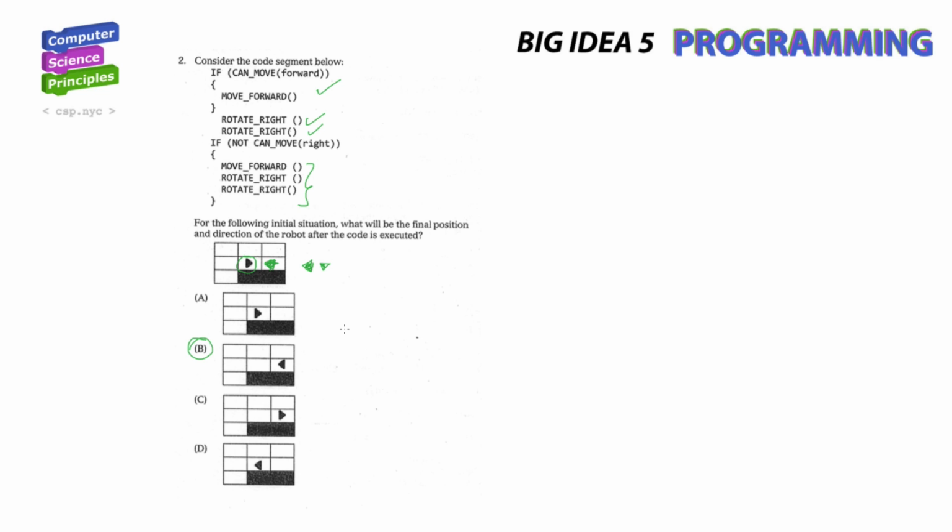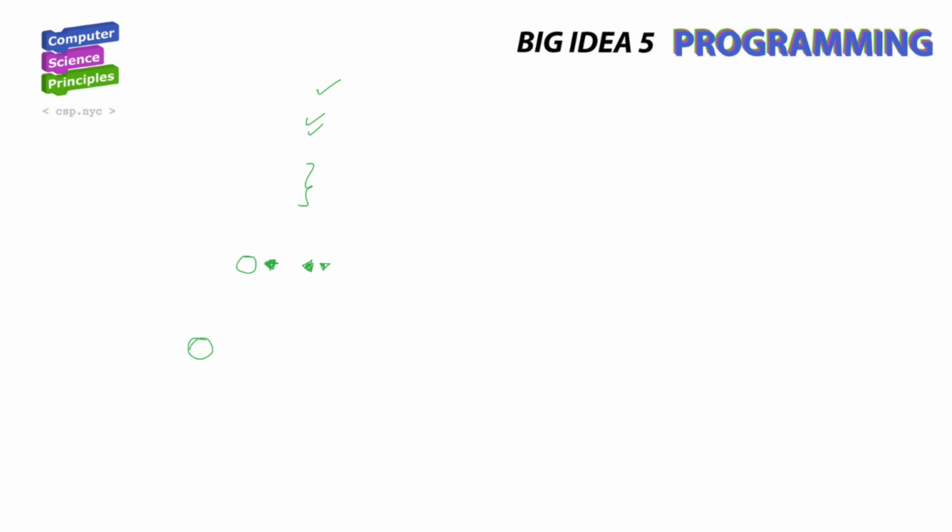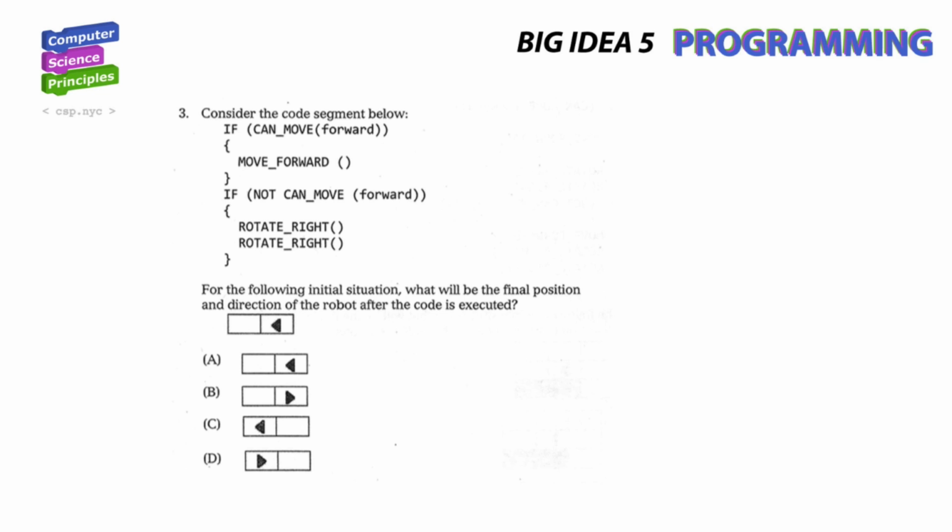All right, the next question, number 3. All right, so number 3 is also a question where we have to consider this segment. If can move forward, then move forward. So let's do it. This is what we're given here, and it wants to know where it is at the end. So if can move forward, move forward.